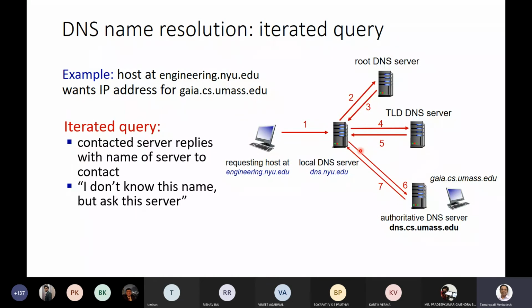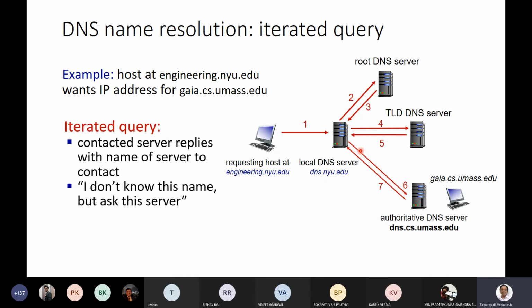So in this method, each level's servers would not give you the complete IP address, but they will point you to the next level of DNS servers who can help you with the resolution. So in each of these stages, the query is the same. You are going to query for the IP address corresponding to gaia.cs.umass.edu.